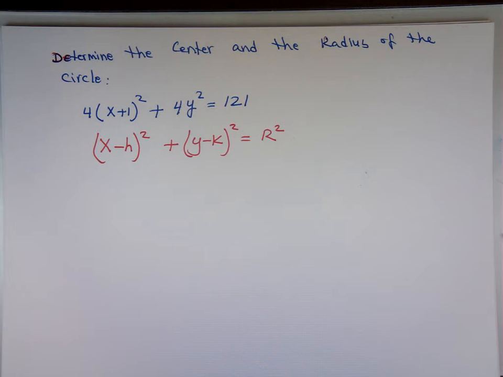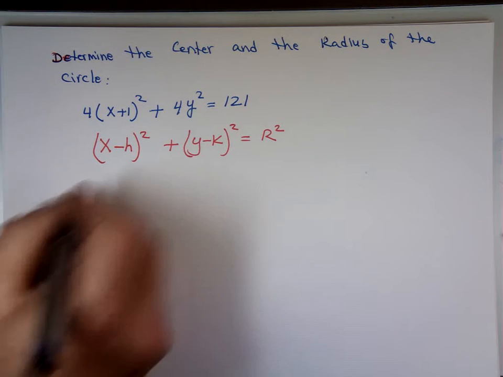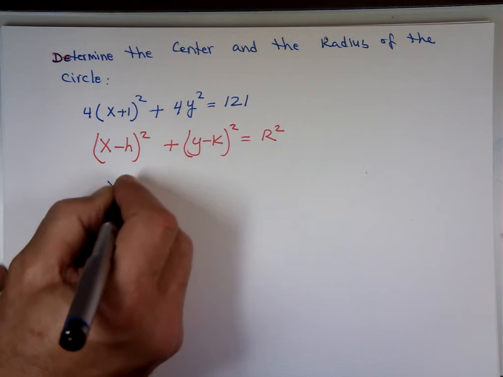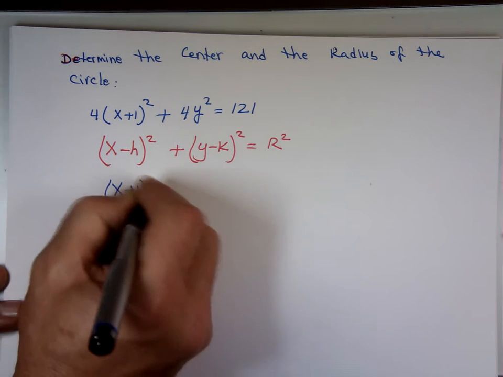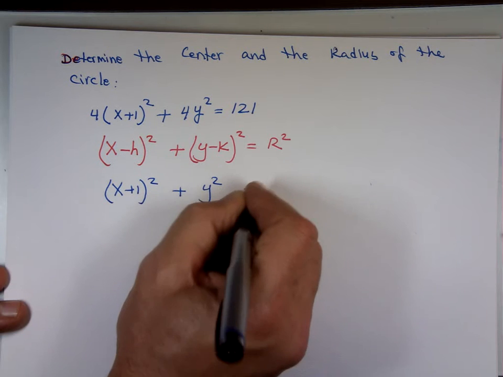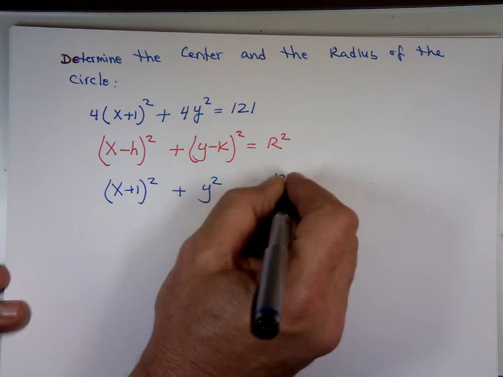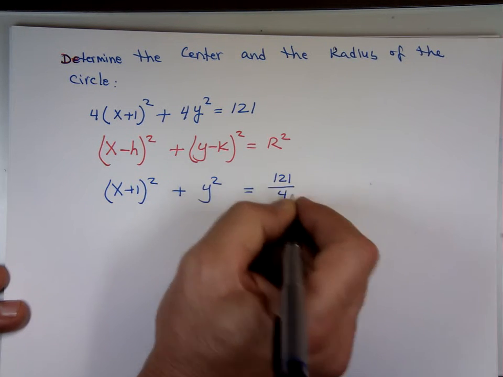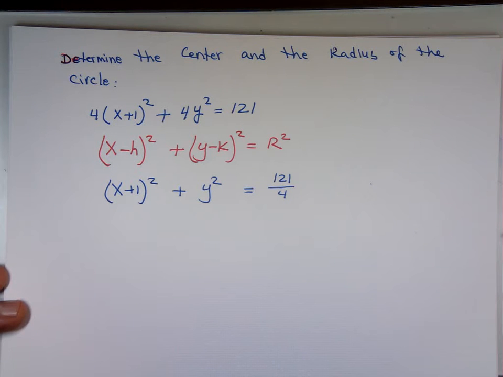Divide everything by 4. Okay. If you divide it by 4, this will be what? 121 over 4, which is what? 30.25. Well, that's the decimal, so we'll leave it 121 over 4 because we're going to do it nicely here.